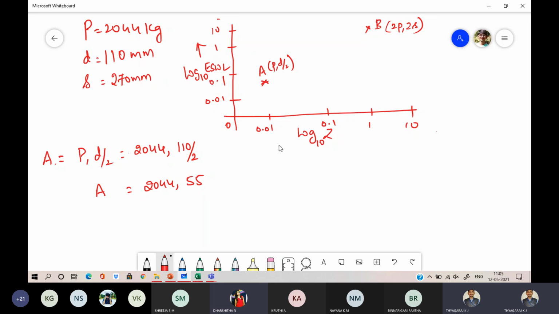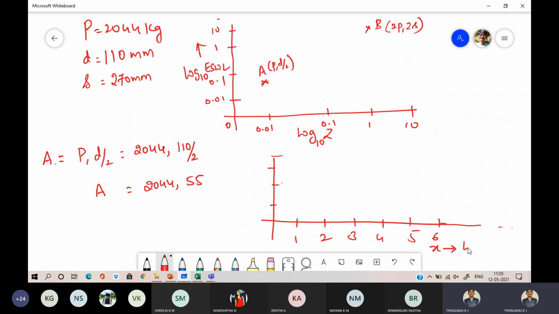In the normal graph sheet, it will be 1, 2, 3, 4, 5, 6, like it will run. Here also 1, 2, 3, 4, like it will run. But we need this x-axis to be converted into log, that is, the d term should be converted to log.